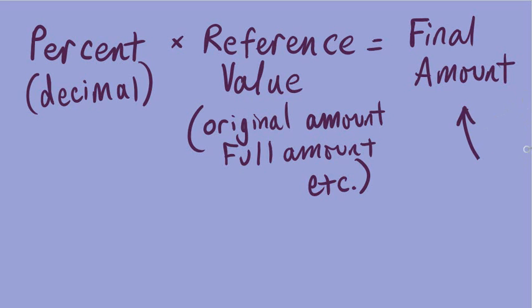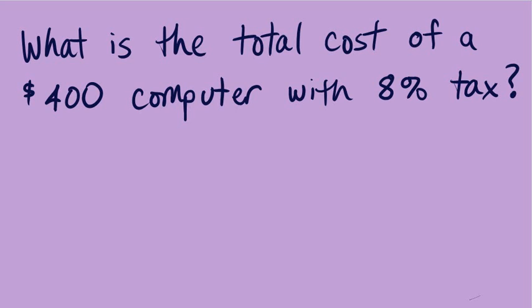So let's hit a few examples where we look at this multiplication relationship that we have. Percent times the reference value will equal some final amount. So how about this example? What is the total cost of a $400 computer with 8% tax?